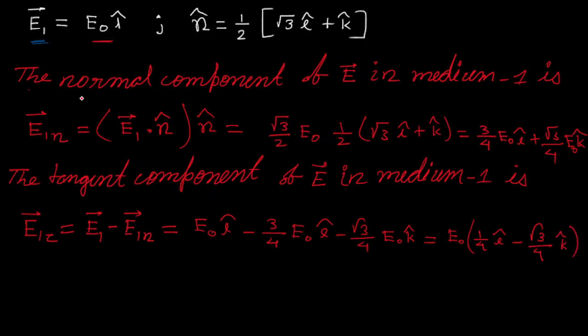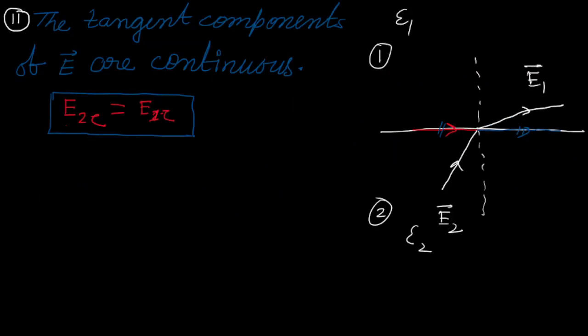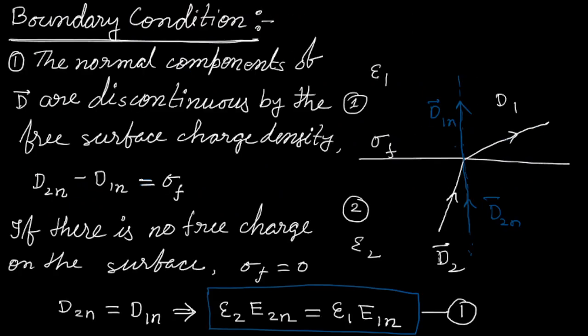From the electric field in medium 1 and the unit vector of the interface, we have calculated the normal component and the tangent component of electric field in medium 1. Now, to calculate the electric field on the other side of the interface, we have to use these two boundary conditions. First, the normal component of the displacement vector will be continuous because there is no free charge.